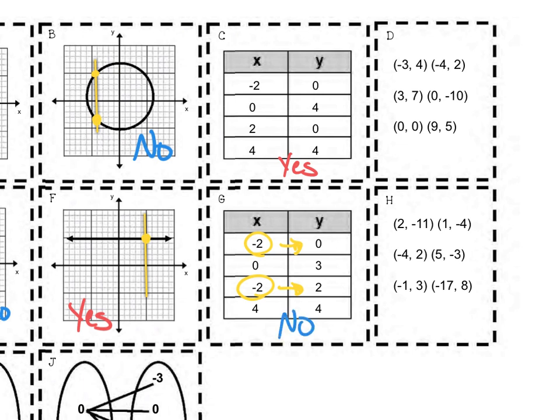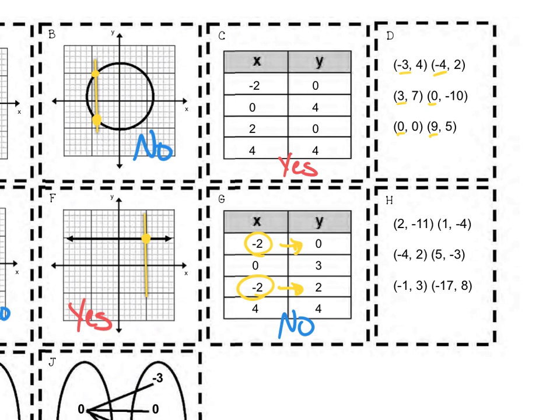Okay? Now, same idea as you look at D and F. These are a set of points where you have to go through and see. Again, how you figure this one out is you look and see if any X values repeat. So all the X values are right here in the first one. Were there any that repeated?